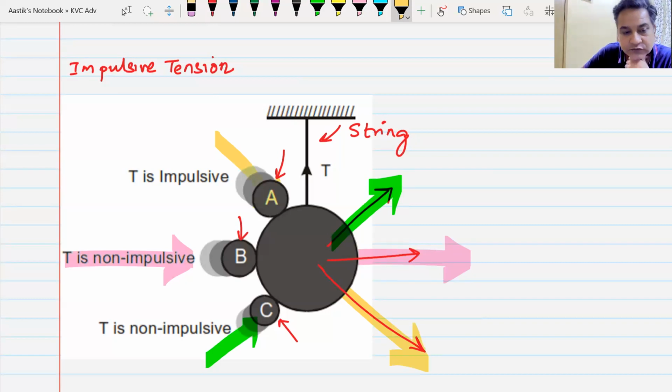Yes, sir. So this is how we can find out whether the tension is impulsive or not. I'll give you 2 minutes to note this down.